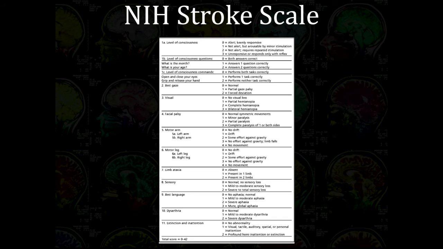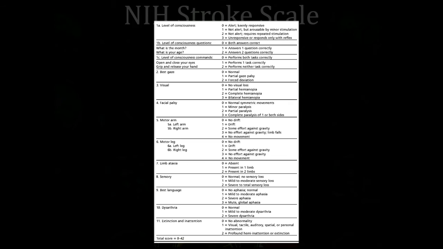If we look at this, you can see that it is extremely in-depth. It looks from level of consciousness. You can see visual, gaze, facial paralysis, moves down into the arms, the legs, sensory, talks about language, dysarthria. And so it's all about a thorough assessment.